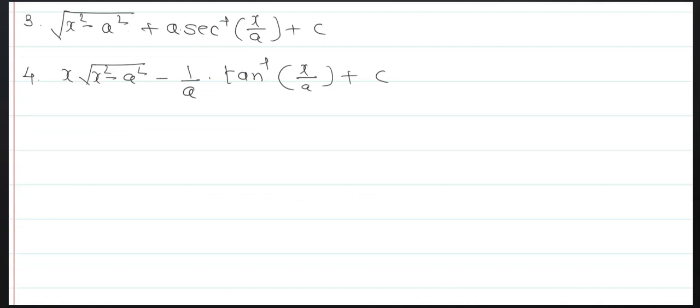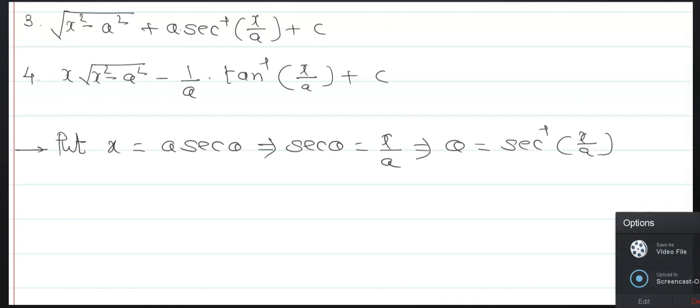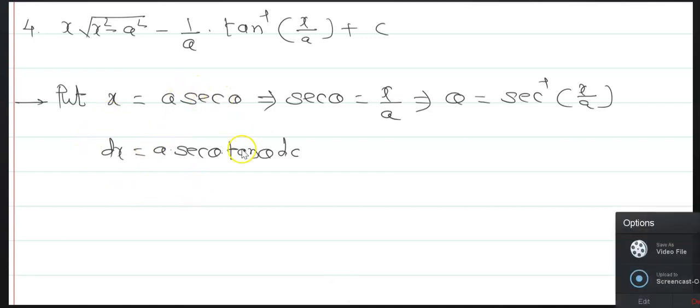Now this is on page number 159. It's a solved example. Put x is equal to a sec theta. Therefore sec theta is equal to x upon a, and therefore theta is equal to sec inverse of x upon a. Now dx is equal to a sec theta into tan theta into d theta.